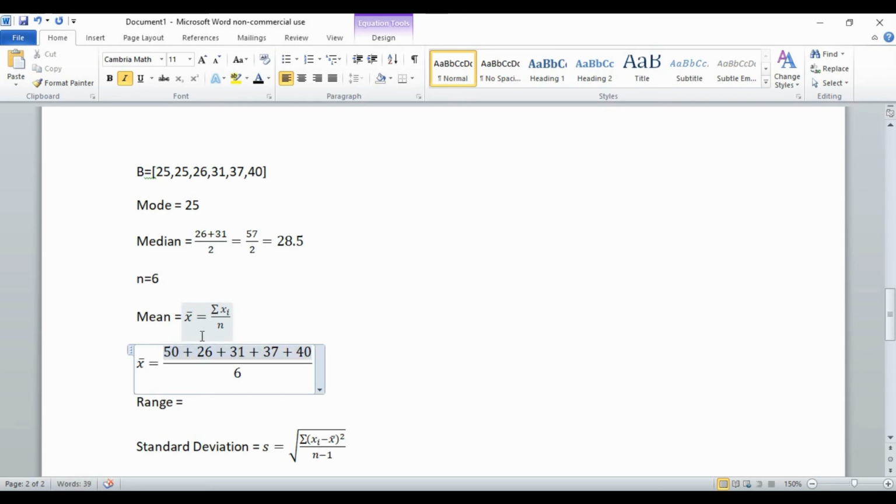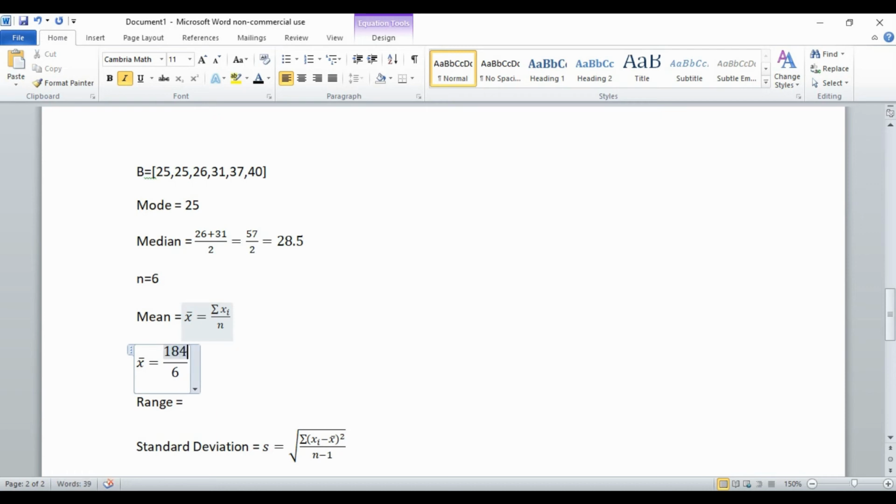25 plus 25 is 50. 26 plus 31, we've actually already done that calculation. That's 57. 37 plus 40, that's going to be 77. Okay. 50 plus 57, that's going to be 107. And 107 plus 77 is going to be 184.